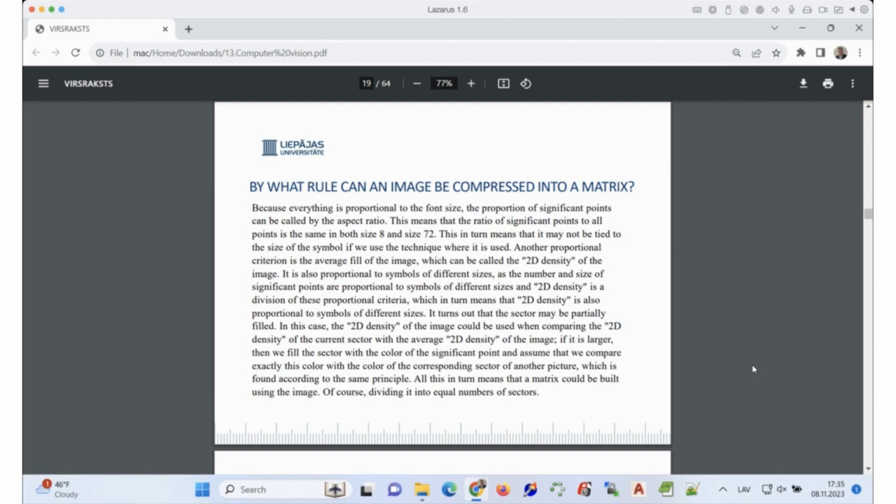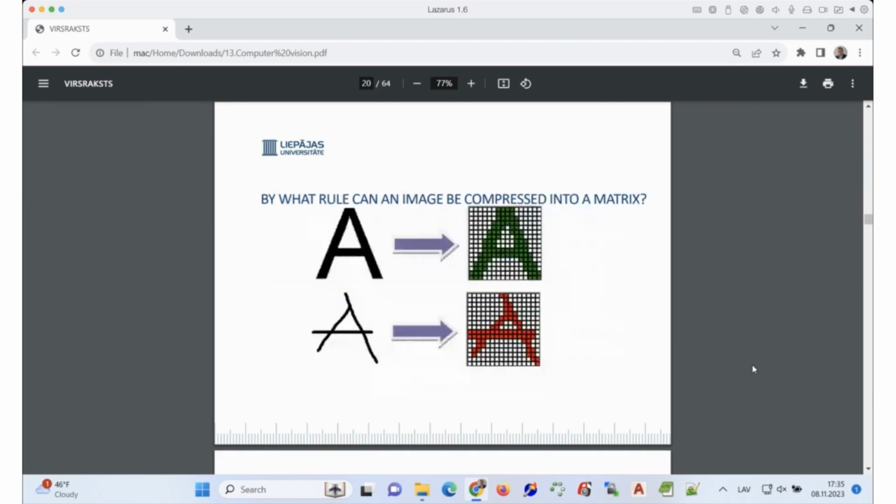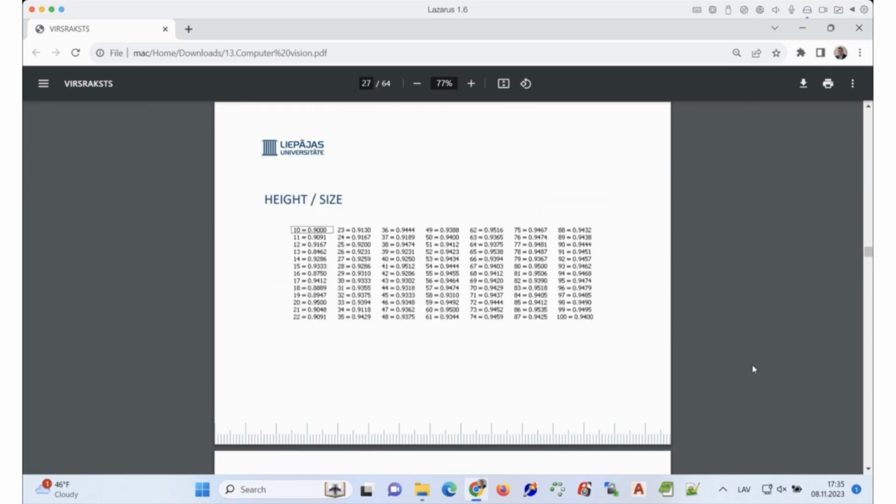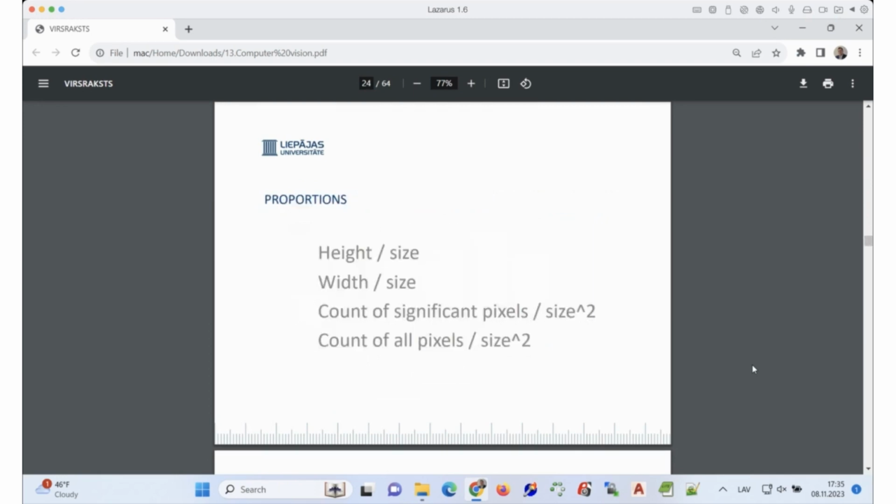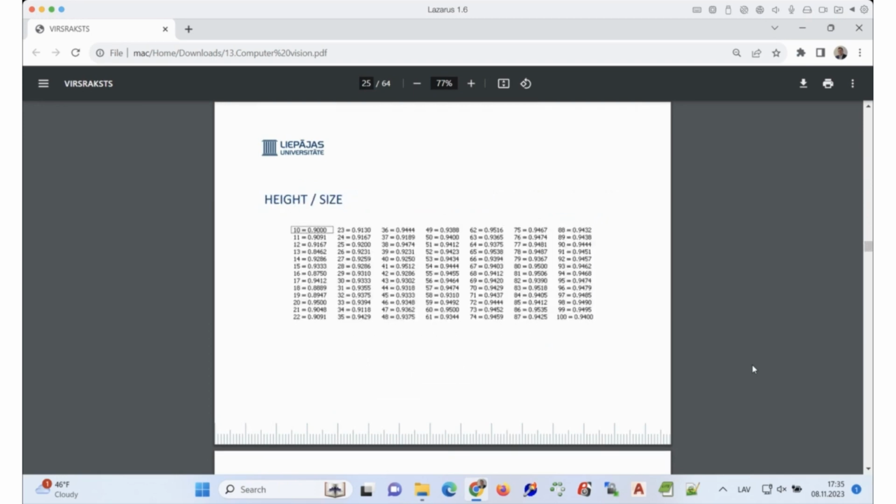For example, with sizes from 8 to 72, you will get the same values. Maybe I have it here. Yes, it's here. Height divided by size, and here I used the uppercase W letter as an example for all of these slides. You can see the ratio is approximately the same for every size.